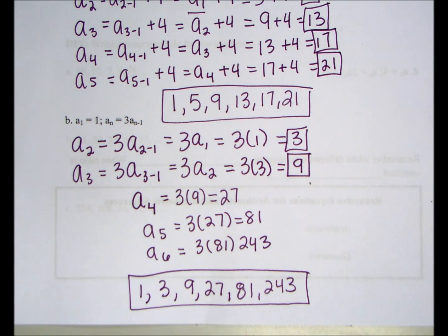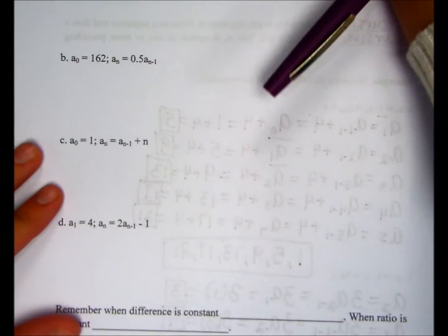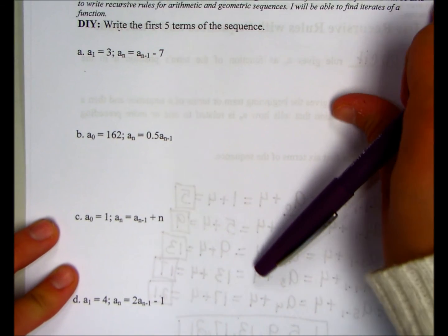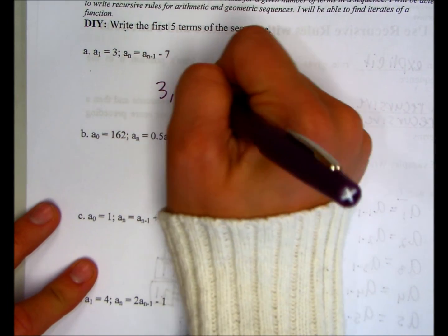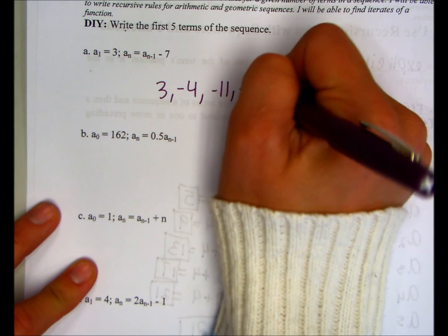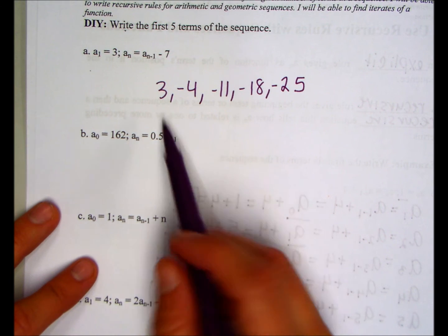If you flip over your paper, I have some on the back for you to try on your own. Remember, I'm hoping that you're pausing this video and trying these. I'm just going to list the first 6 terms, and if you have any questions, make sure you get them answered tomorrow in class.